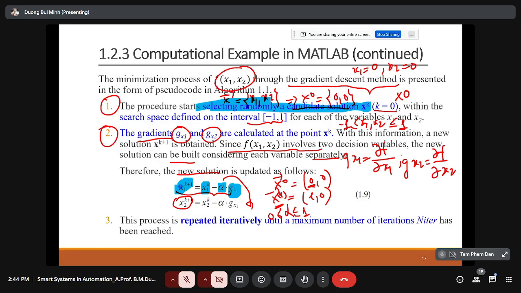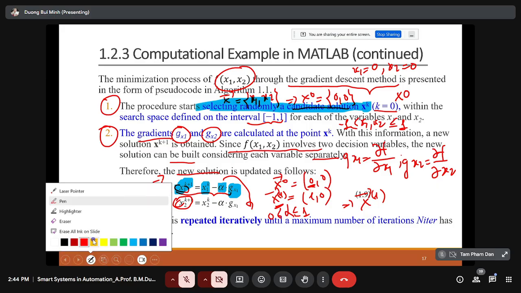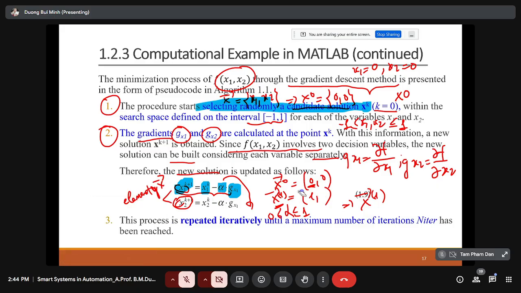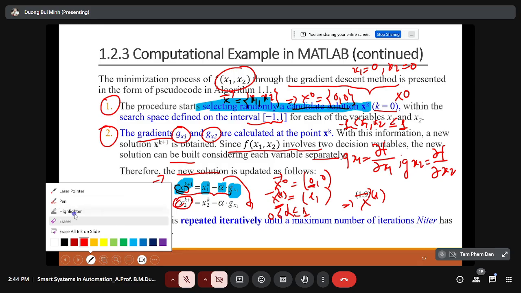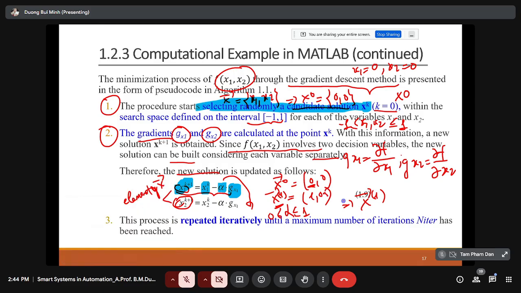Remember, x here means an element of vector x. So when we update x1 and x2, we can get the new vector x, sorry, here maybe not zero, maybe 0.5, something like that. So now we update the new solution.